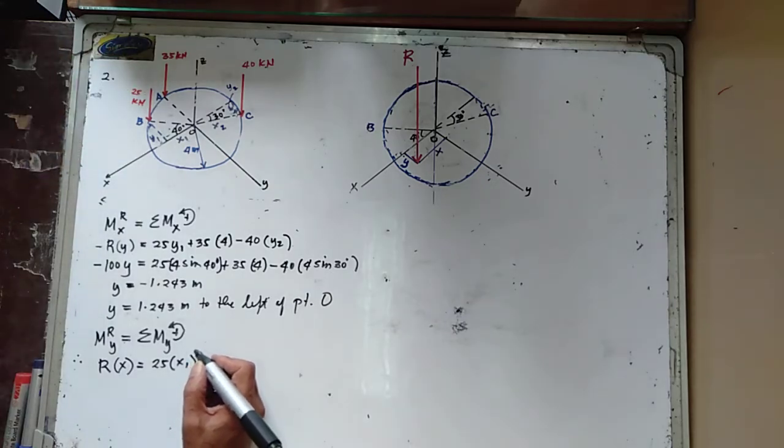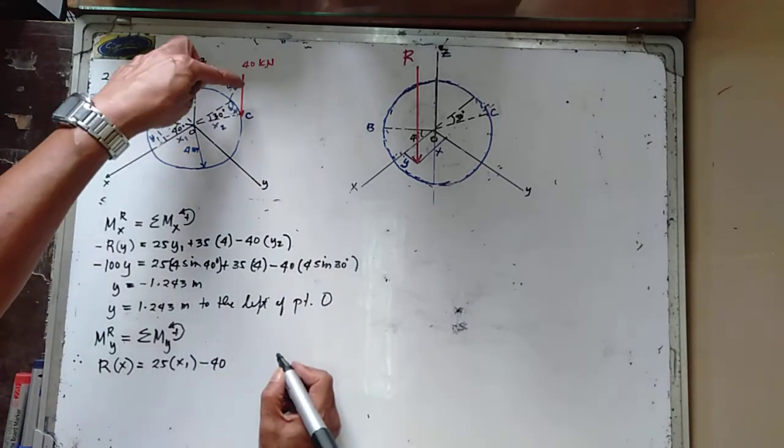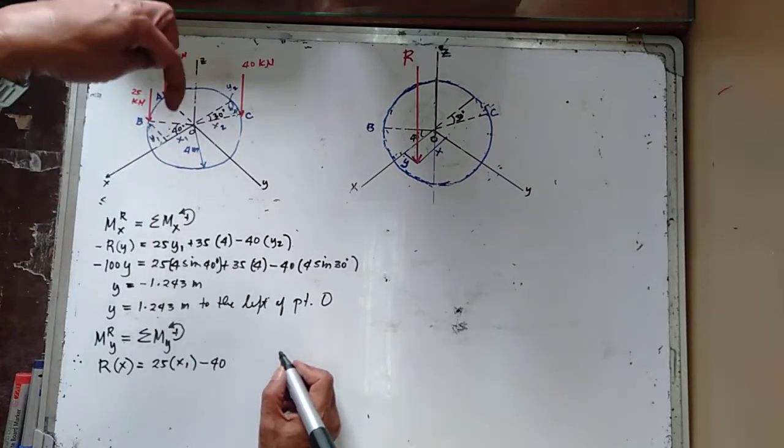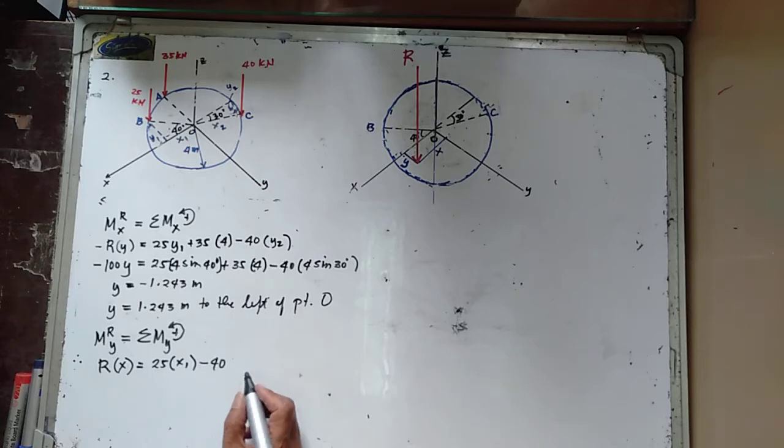So we have minus 40. This is going clockwise about the y-axis. So minus 40, multiplied by x2.